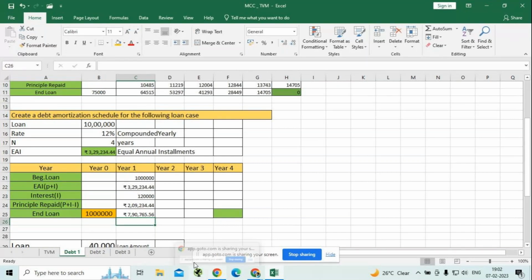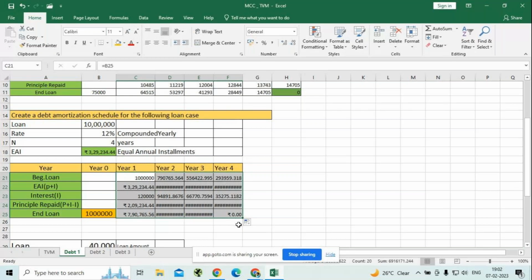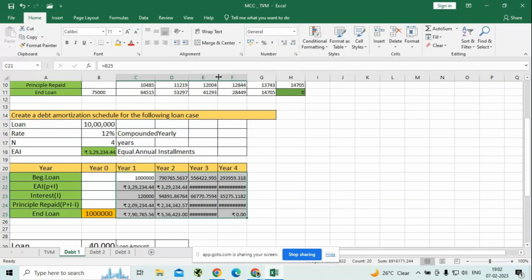Even if it has to be calculated for 50 years, you can do only one year's calculation. If you select the whole column and drag it, you see that it will be zero at the end of the period.